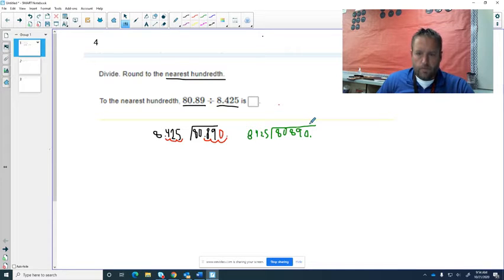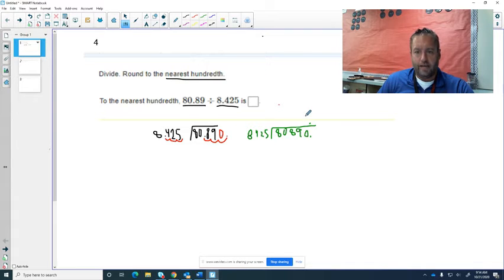We know that 8,425 cannot go into 8, cannot go into 80, cannot go into 808, cannot even go into 8,089. So we have to figure out how many times it goes into 80,890. If you look at this, it's probably close to 9 or 10.